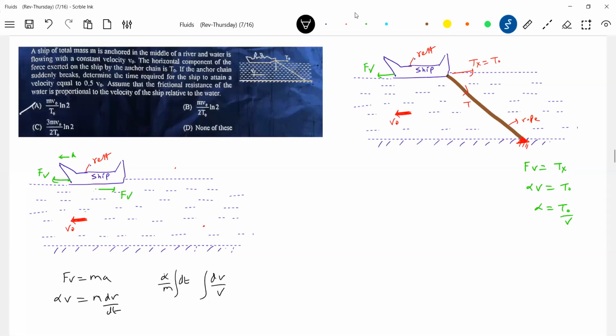Look at the way he's asking: the ship to attain velocity equal to 0.5 V naught. And the frictional resistance is proportional to the velocity of the ship relative to water. So is this relative velocity or absolute velocity? Relative. Here is where we make the mistake. Let me make it VR.